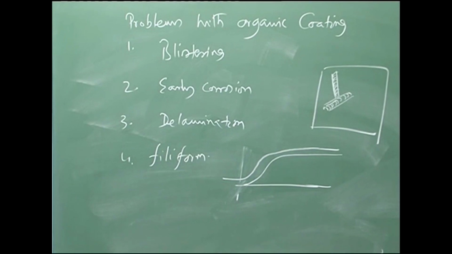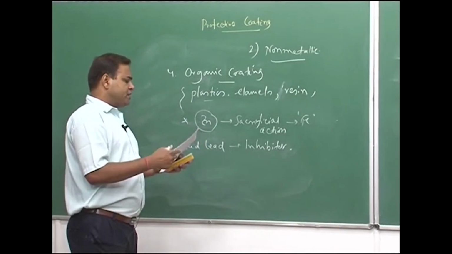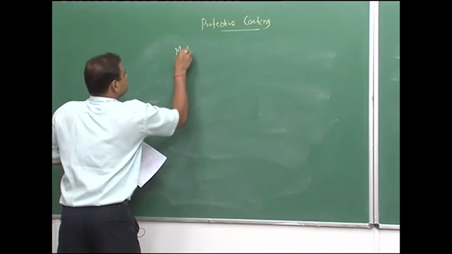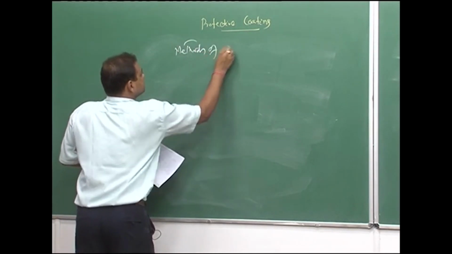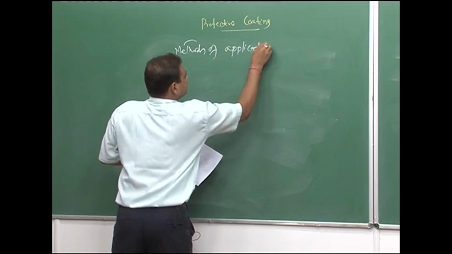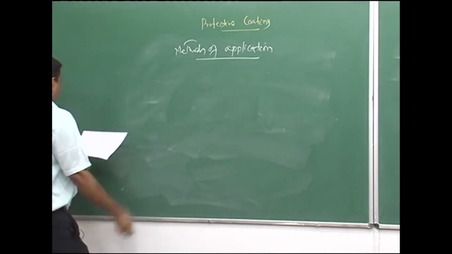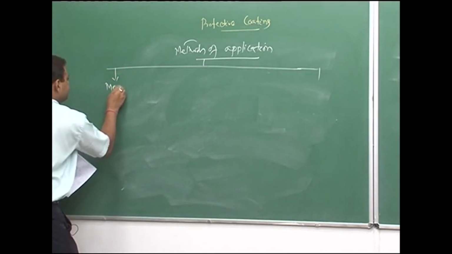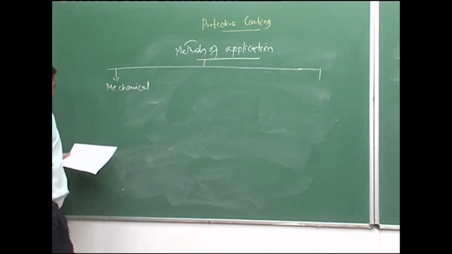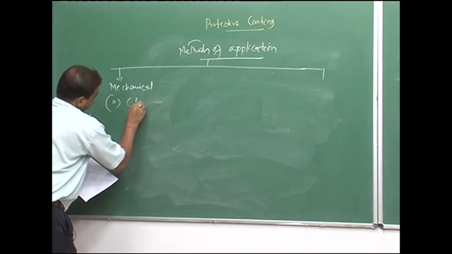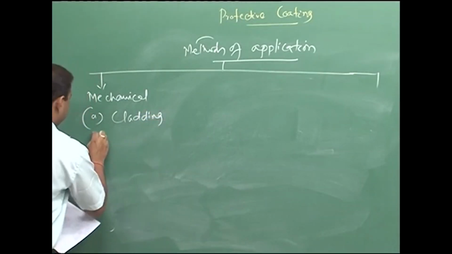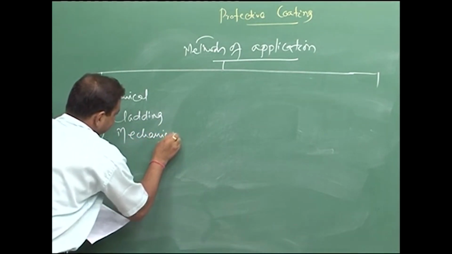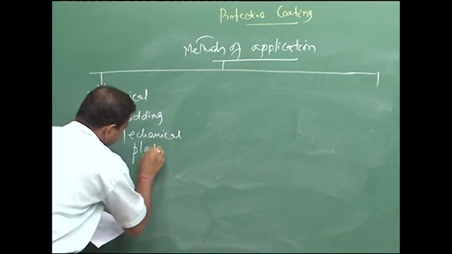Now, let us finally discuss the methods by which we can apply metallic surface coating or different other coatings. So, the methods of application. Now, it can be a mechanical way: it could be cladding, it could be mechanical painting, mechanical plating.